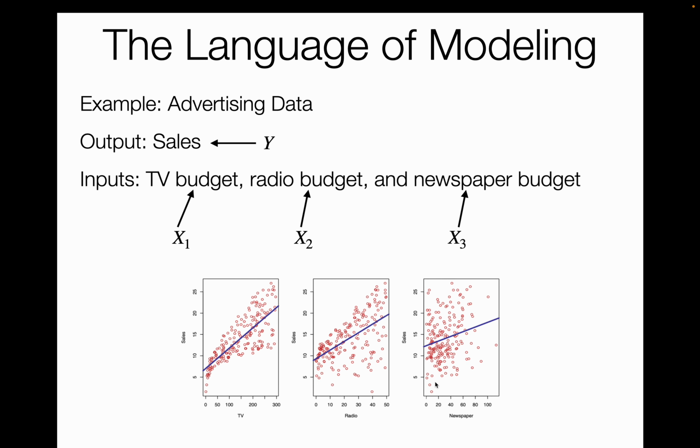If we look at sales versus each of them separately, these are three separate lines, TV, radio, and newspaper, and you look at the slopes of the lines, I think you would say it looks like TV has the greatest effect on sales. There's more to be said than this, but this is just the beginning.